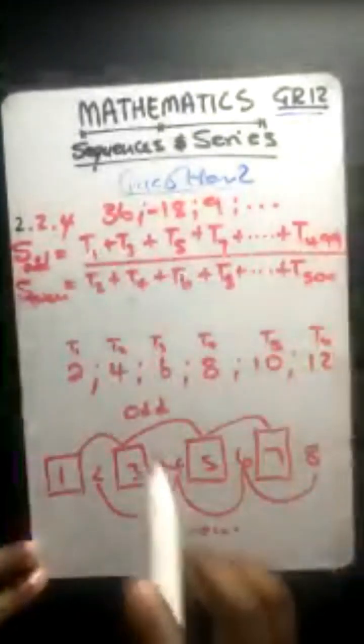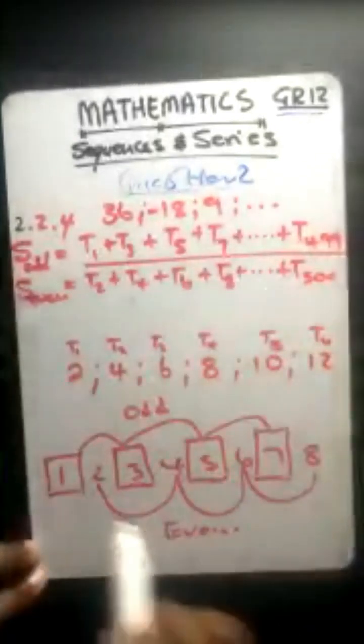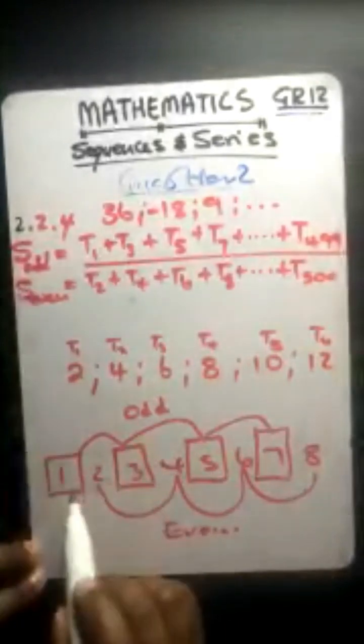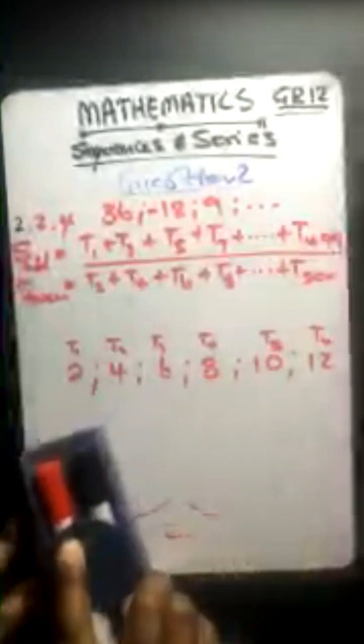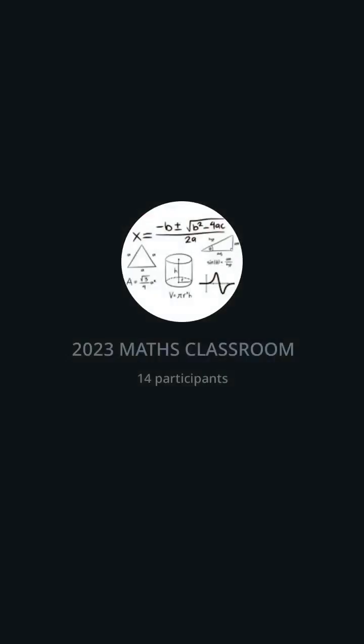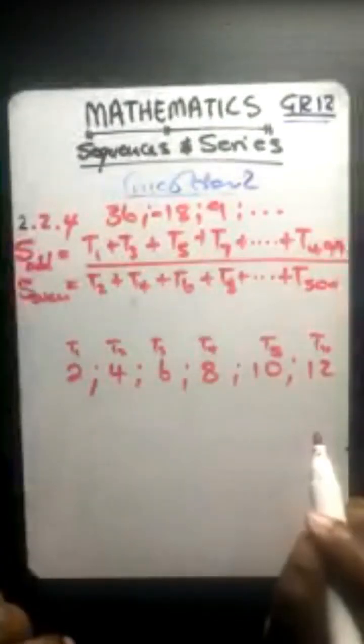So if you look at that, they want you to get the sum of the odd numbers, and then divide it by the sum of the even numbers. Let's remove all of that, because here I was just explaining what an odd is and what an even is. Still grade 10 stuff. If you can't remember from grade 10 what an even is, you're in trouble.